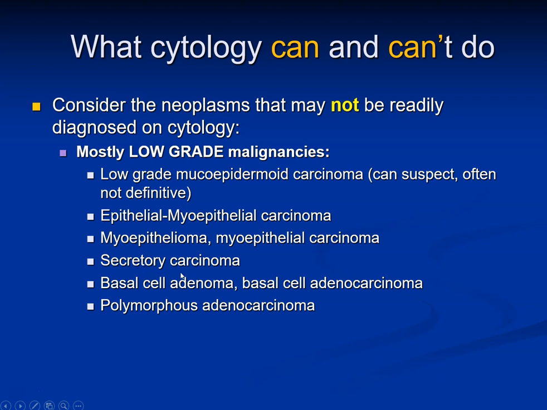Secretory carcinomas, because the definitive cytologic features may not be so well or readily appreciated. And polymorphous adenocarcinoma, I think probably one of the greatest clues would be the location in the palate.